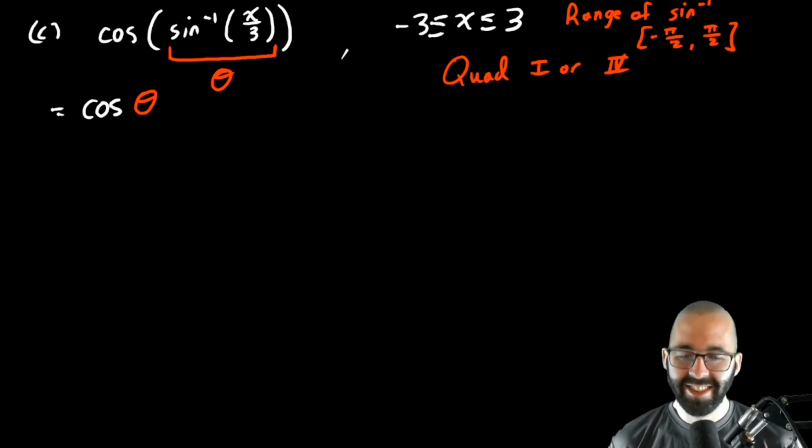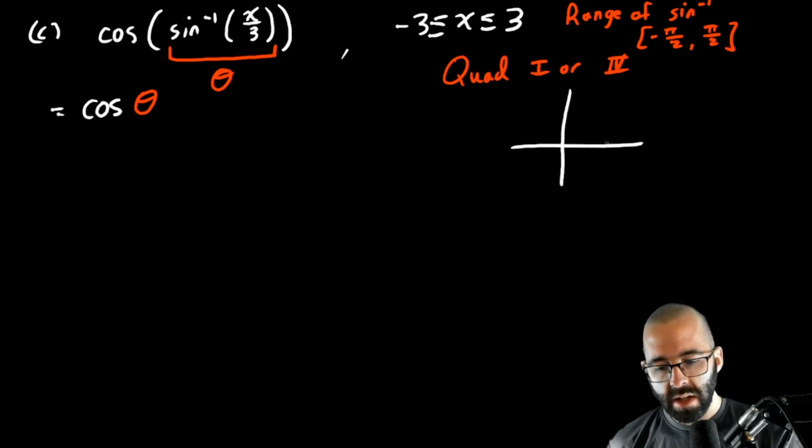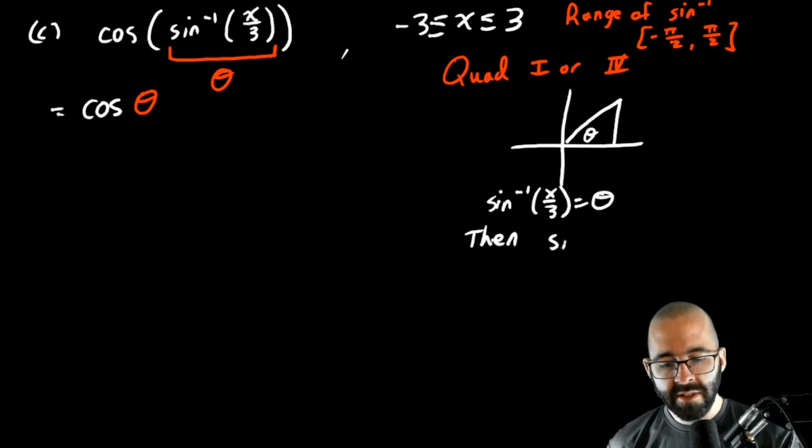Okay? So let's just draw a picture of one in the first quadrant. Let's say this is theta. Well, if inverse sine of x over 3 is equal to theta, then the sine of theta is x over 3.